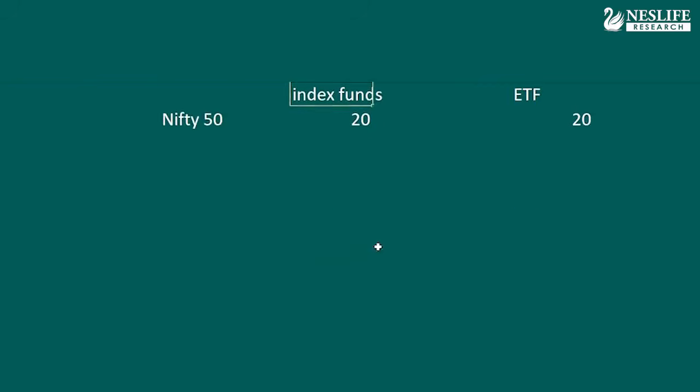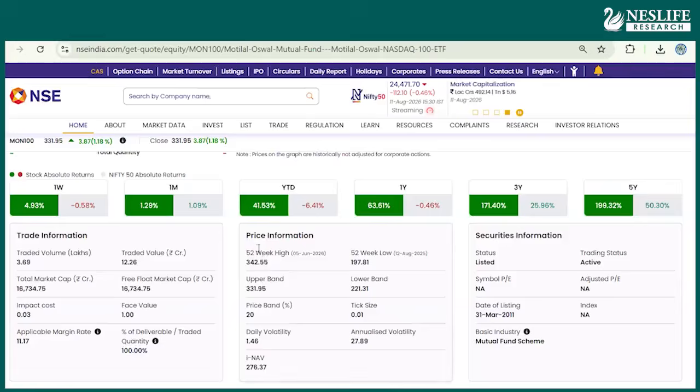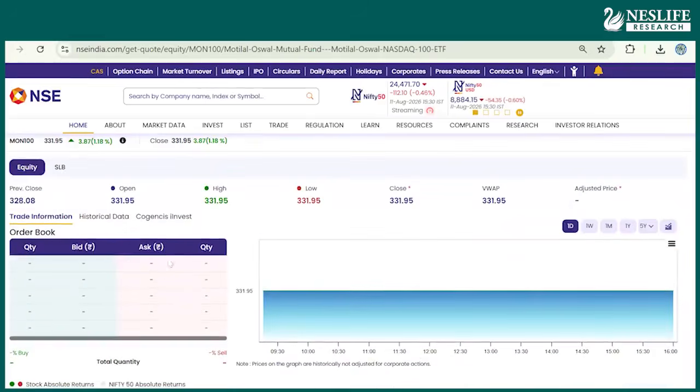Impact cost. You will have to read a little more, but in brief I can explain. Suppose you see that the current market price is 70 to 79, and there are orders listed here. If you place a larger order, especially, previously it was defined that if you place a market order of 2 lakhs, how much extra price you have to pay than the topmost ask price, that is called impact cost.